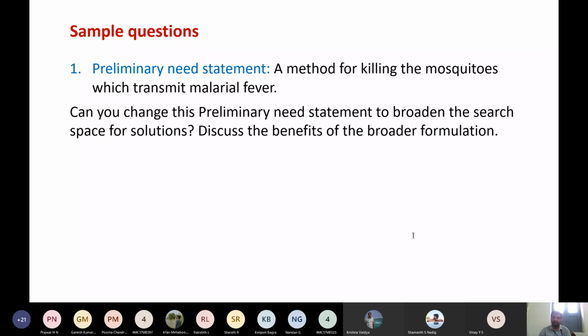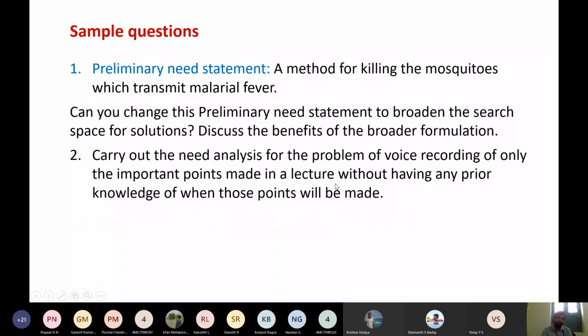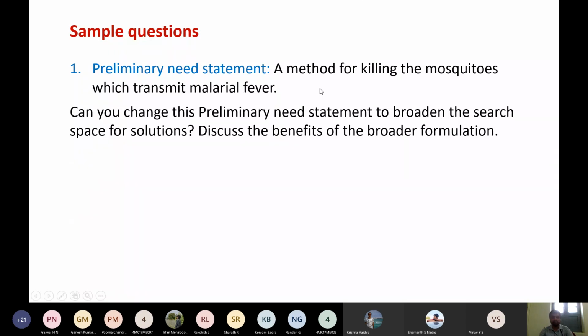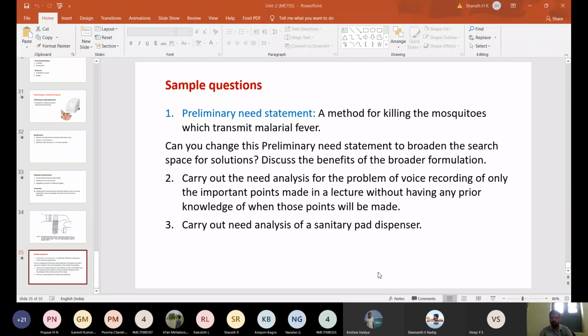You can try to type your answers. Here you have to rewrite the preliminary need statement so that you can generate more solutions.